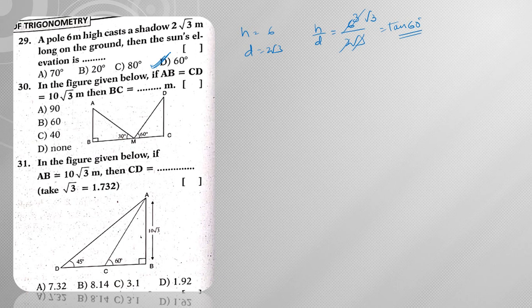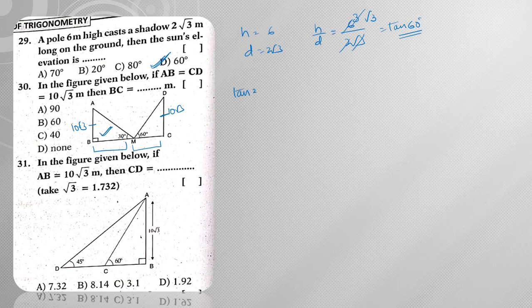Next, in the figure given below, AB is equal to CD. These two lengths are equal, and both are 10 root 3. Then what is the value of BC? Since I need the BC value, BC is given by BM plus MC. In this triangle I am going to apply tan 30.